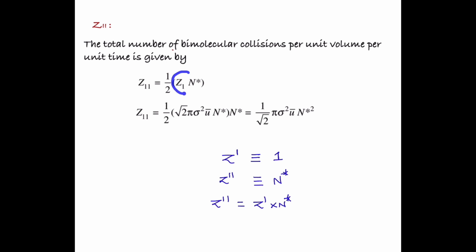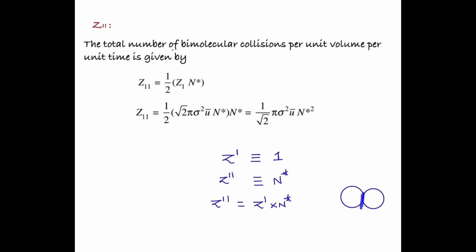Whatever expression you are getting should be divided by 2, because if you use this particular formula, you are counting every collision two times. For example, if you take a bimolecular collision between these two molecules, you will be counting the collision with respect to this molecule and also with respect to this molecule.